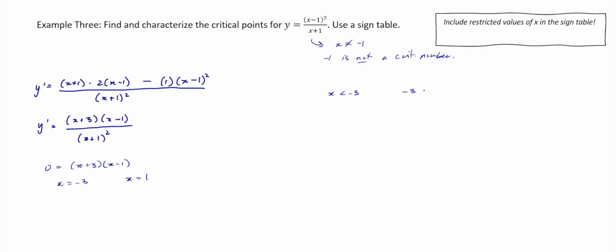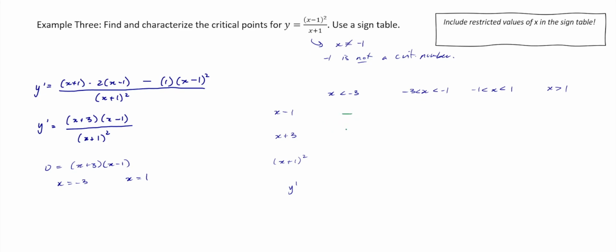So -3, x is greater than -3 but less than -1, x is greater than -1 but less than 1, and then x is greater than 1. And then I use my different factors here: x minus 1, x plus 3, (x + 1) squared, and then overall my first derivative.